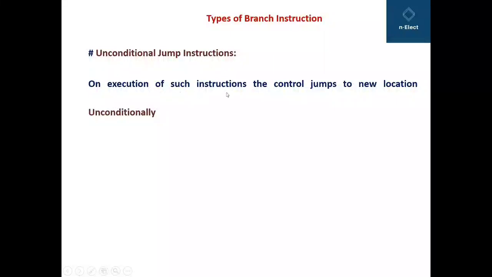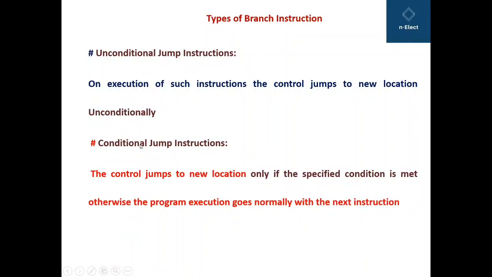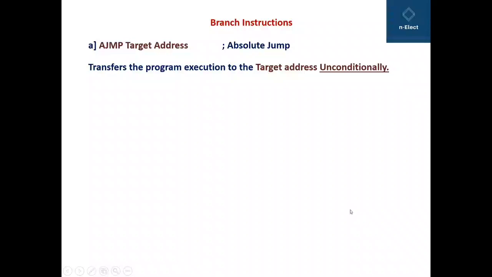On execution of unconditional jump instructions, the control jumps to a new location without meeting any condition, that is, unconditionally. While in conditional jump instructions, the control jumps to the new location only if the specified condition is met. Otherwise, the program execution goes normally with the next instruction and continues.